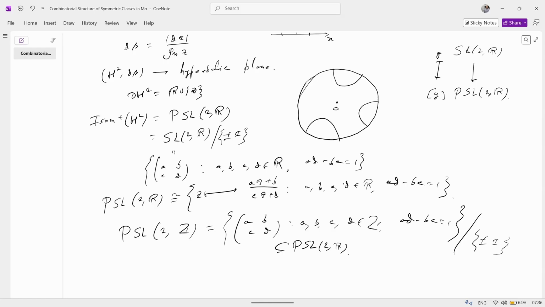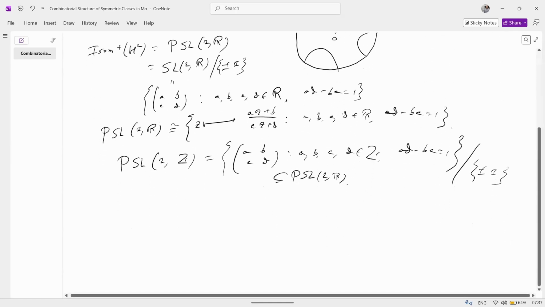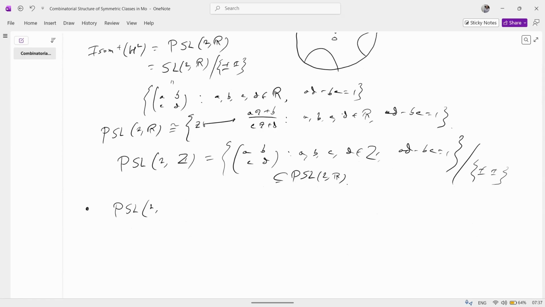In general, we are interested in other discrete groups as well, but in this lecture probably I will mention only one of them, which is a generalization of this modular group.